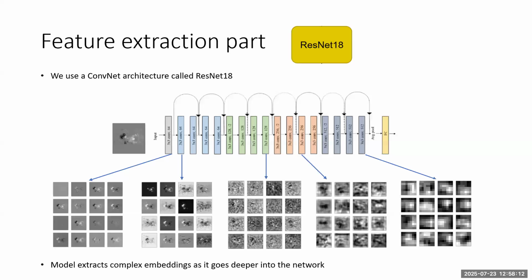I'm new to this space, so I don't really know exactly what's going on. But I was just thinking, so you have your output from this model, which is the feature extraction.